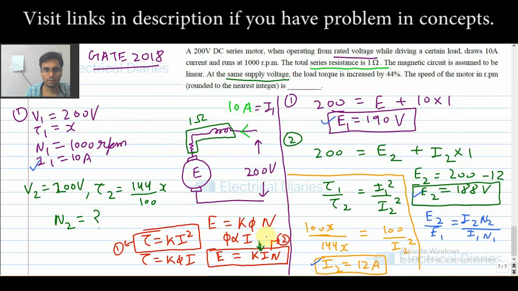So only your N2 is left here. On putting all the values you will find N2 as 824.56 rpm, and on rounding it to the nearest integer you will get 825 rpm. So this is the answer.